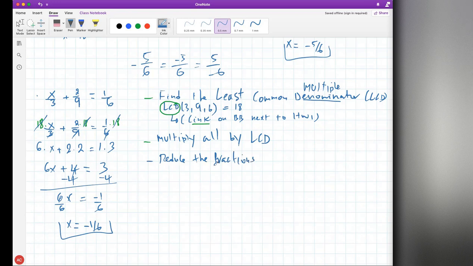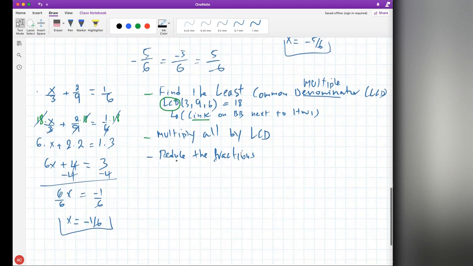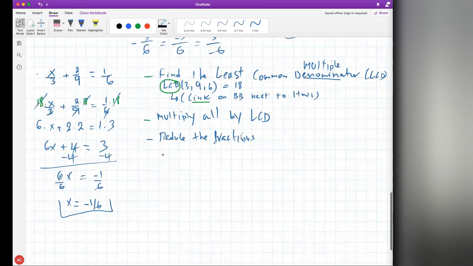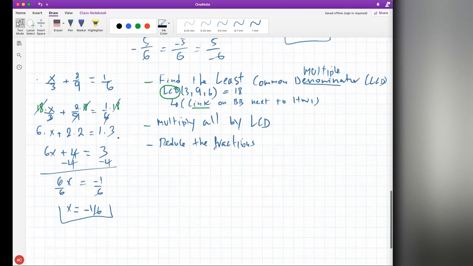Cancel the fractions, and you end up with a much simpler equation. Once you cancel the fractions, we're back to all these steps again. If you have parentheses, distribute first, combine like terms, move x and y and numbers, and so on, just like we did.